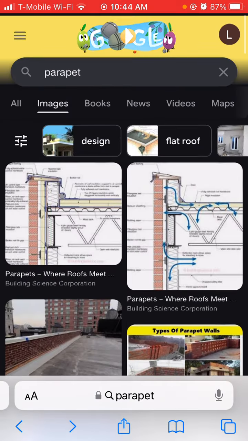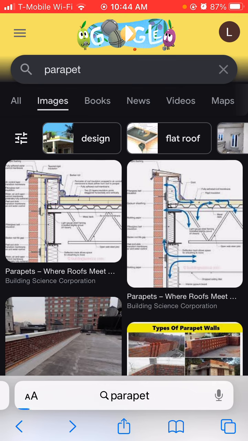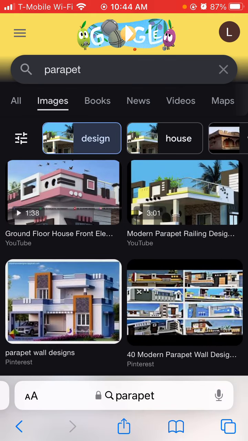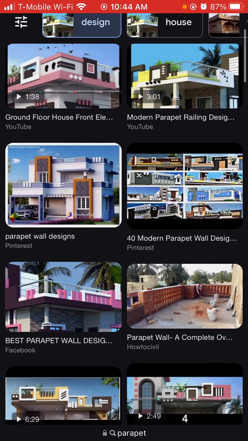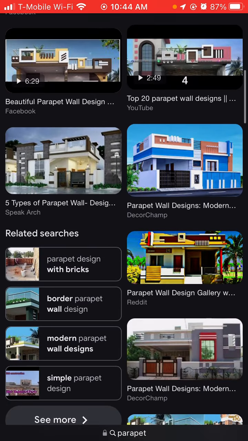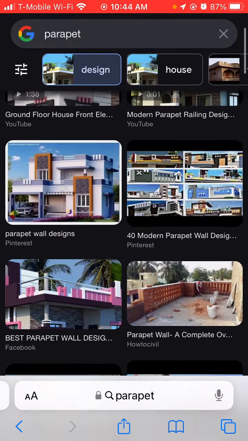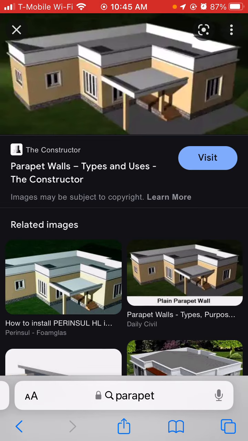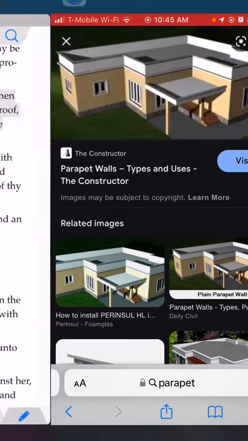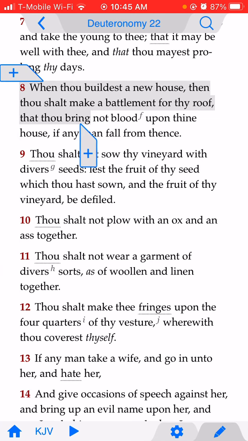In fact, when you look at villages back in ancient times, well, even in the 1800s or early 1900s, you go to villages in Turkey, their houses have parapets. This is a good picture, like this on top of the roof. And what's the purpose of that? Again, that thou bring not blood upon thine house, if any man fall from thence.